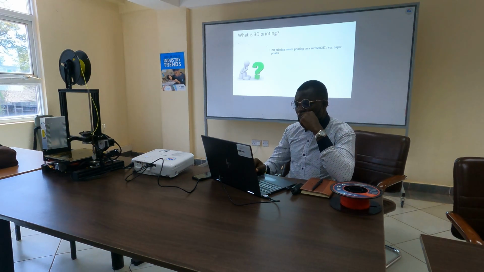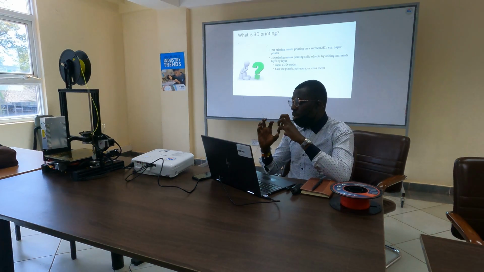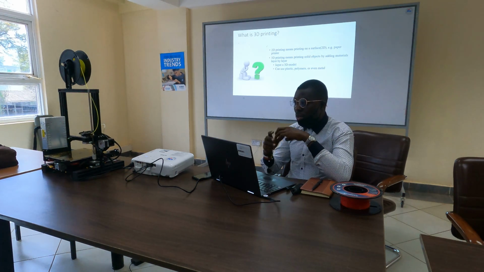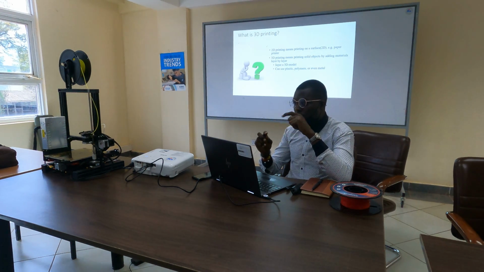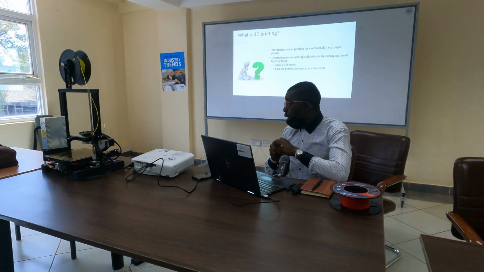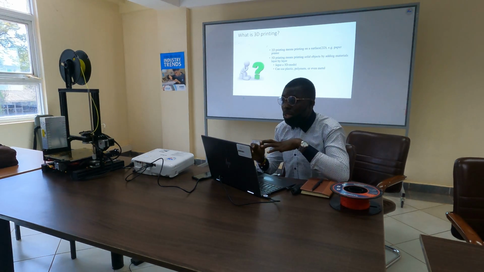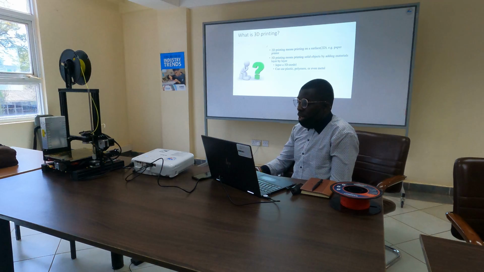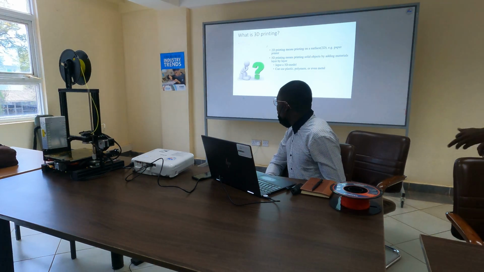That is a 2D printing process. But 3D printing is when we print an object on three axes, X, Y, and Z. And for a 3D printer, we can use various types of material such as PLA, ABS, and many others.